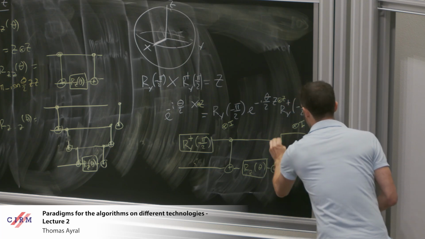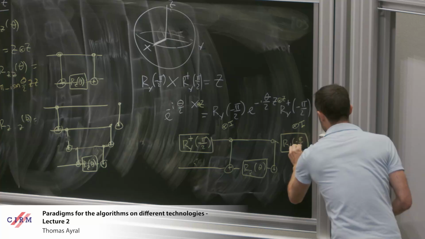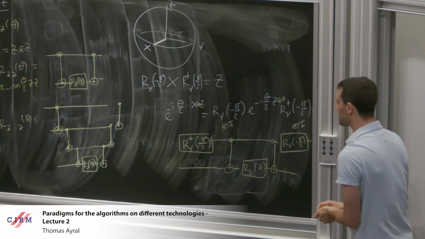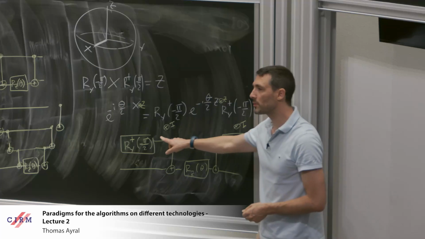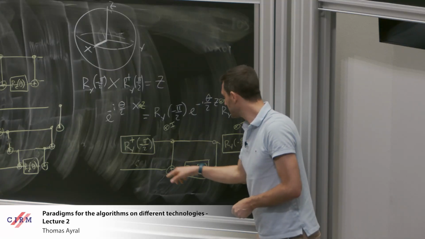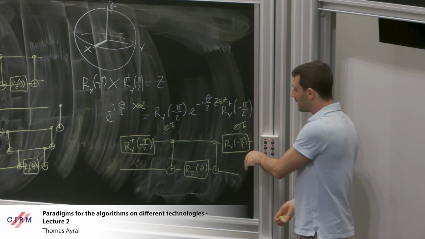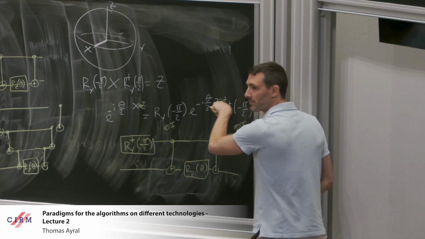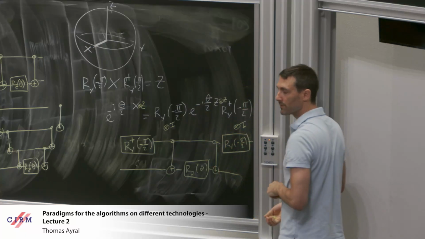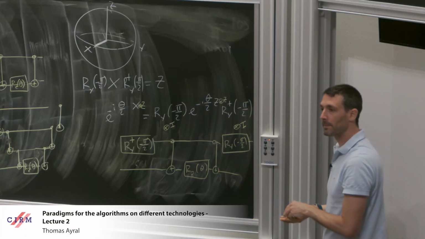Then I do my last R_y of minus pi half. So that should answer your question, that now I can do the rotation here. In this case, it's probably not the most clever way. I can probably do something more clever, but at least this works. And the reason why I put the R dagger first is that you have to read the quantum circuit from right to left. All right?